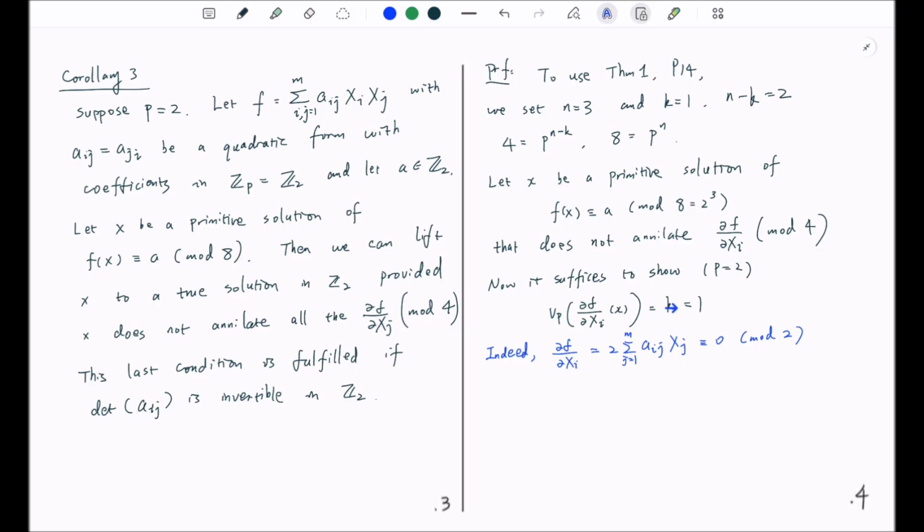So to show that the p-adic valuation is precisely equal to 1, it suffices to establish that 2 squared, which is 4, does not divide df by dxi at this little x. And that is exactly what this condition talks about. So 2 divides this, but 2 squared, 4, does not divide it.